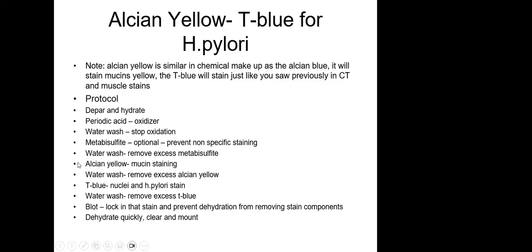So you're going to go into the Alcian yellow. This is the mucin staining. So one might ask, why is it that we want to stain the mucins? Well, the reason for that is because the H. pylori bug actually feeds off of mucins.